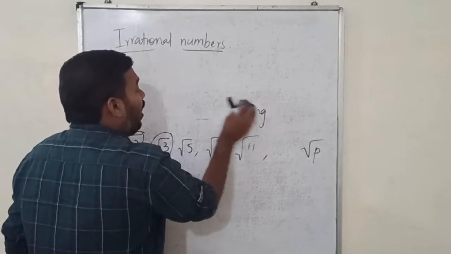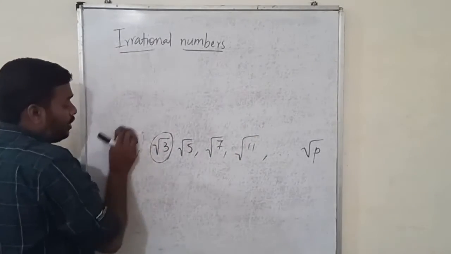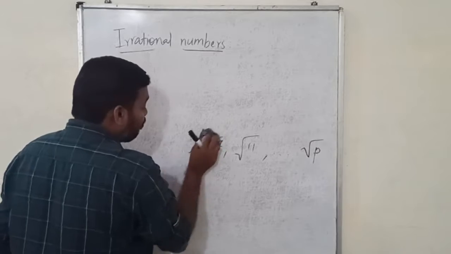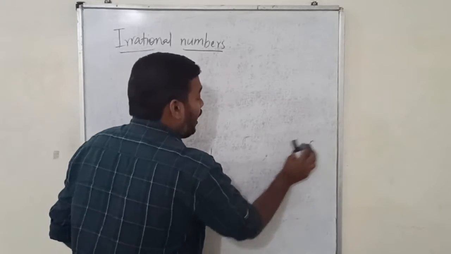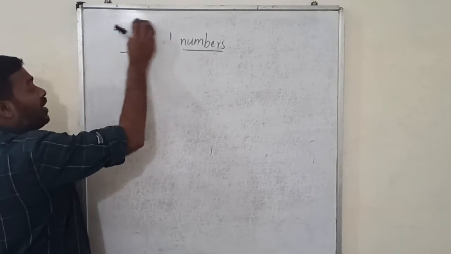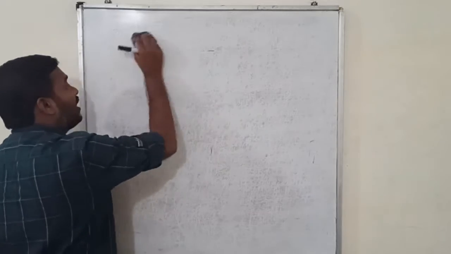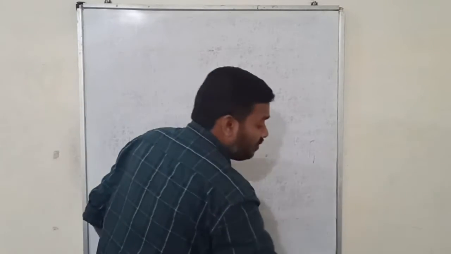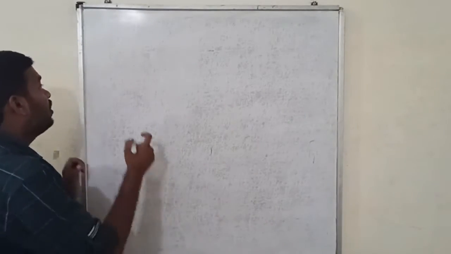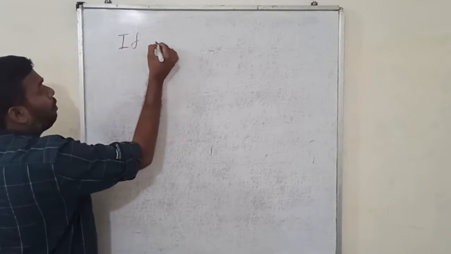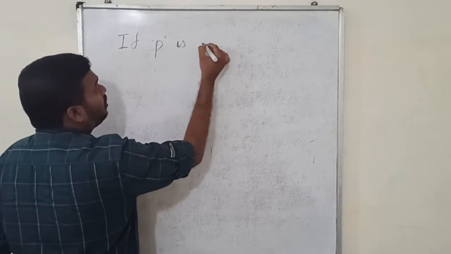Before that, we are going to see one statement, that is, if p is a prime number and p divides a square, then p divides a, where a is a positive integer.